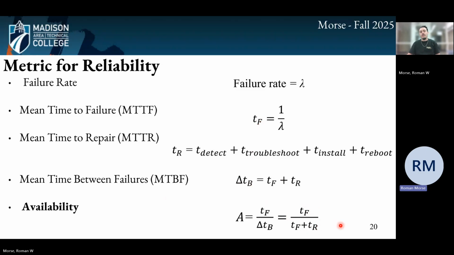So if I have a component where the repair time is very quick, say the batteries from our remote control in the last lecture, that means TR might go to zero. And if that goes to zero, that means availability is damn near one. If I think about my remote control for my TV, the availability is almost 100%.